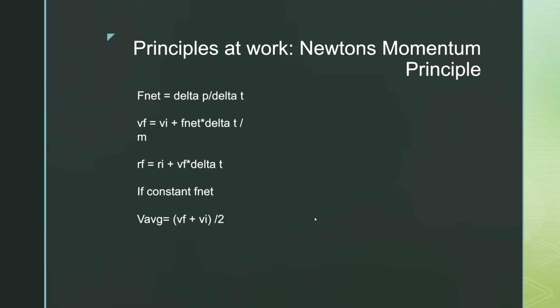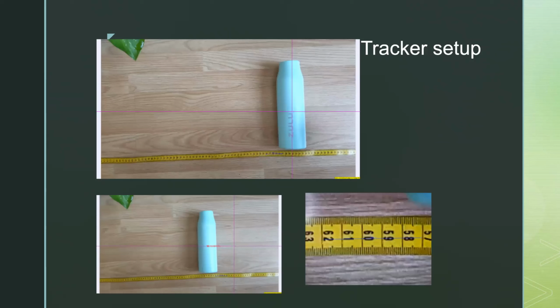And if the force is almost constant, we can find what the average velocity is in this case, which would be V final plus V initial divided by 2. And this average velocity equation will be important later in the GlowScript setup.